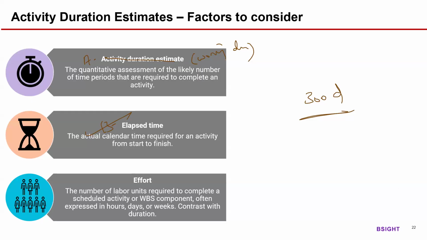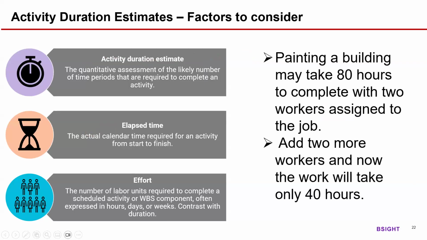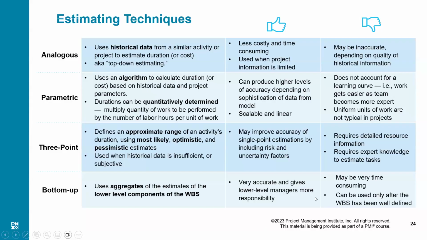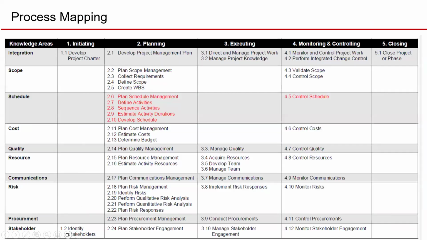Right. With that, let's talk in detail about the estimation techniques. You have to know there are 3 estimating processes in the PMBOK Guide. If I go back to the process mapping, estimate activity duration in schedule management, estimate cost in cost management, estimate activity resources in resource management.